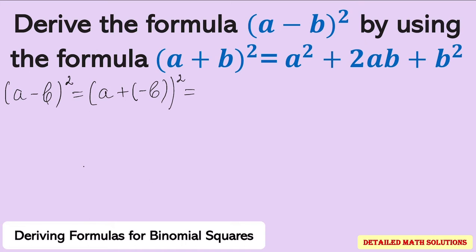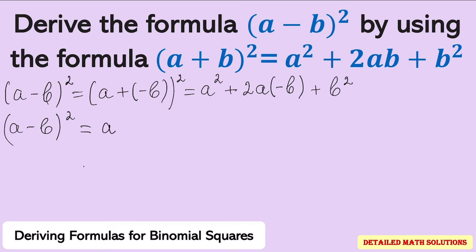When I do that, this equals a² + 2a × (−b) + b². In other words, (a − b)² equals a² − 2ab + b².